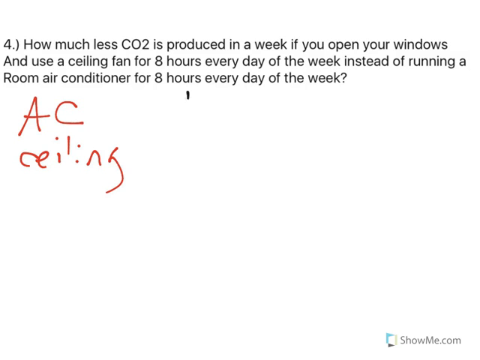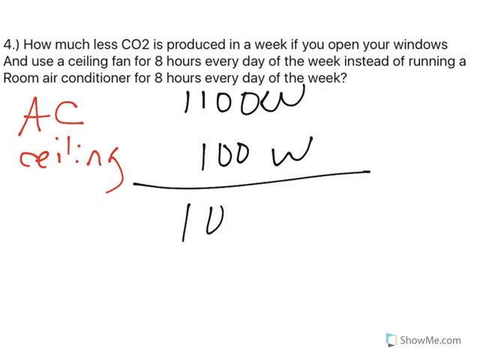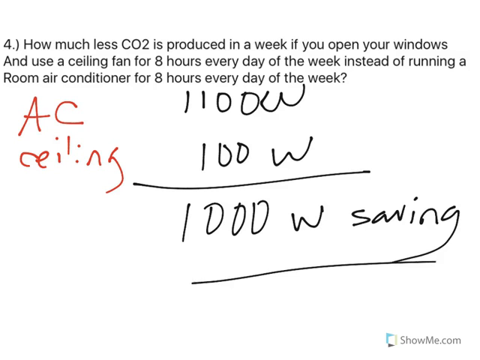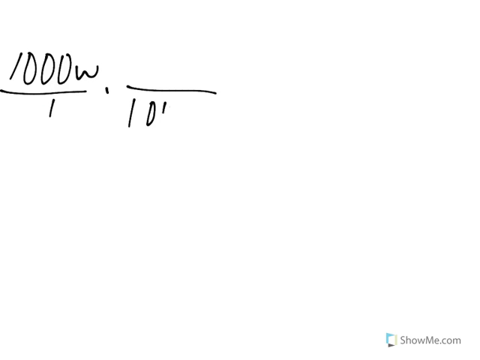The room air conditioner uses 1100 watts. The ceiling fan uses 100 watts. So the difference is 1000 watts. This is the watts that we are saving. So when we do this, we can say if we are saving 1000 watts, well, change watts to kilowatts. Makes the watts go away.